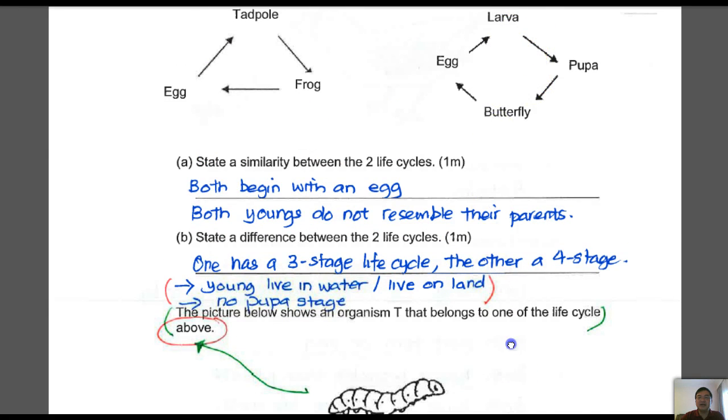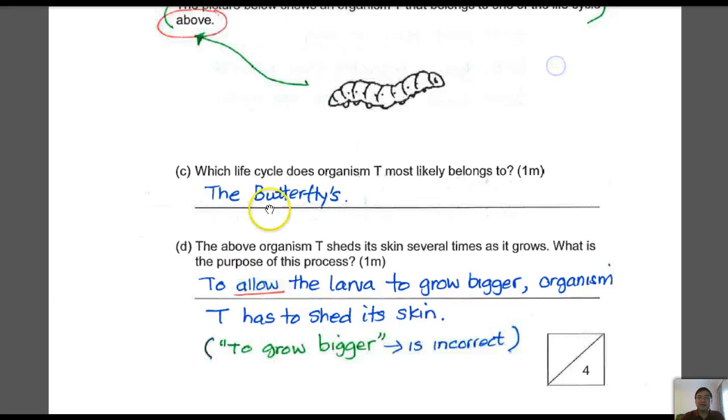Some of you wrote down moth, but all you have to do is refer to this to see which one. Obviously it's the butterfly. Now, the above organism T here sheds its skin several times as it grows. What is the purpose of this process? The best answer is that by shedding its skin, it allows this organism, the larva, to grow bigger.